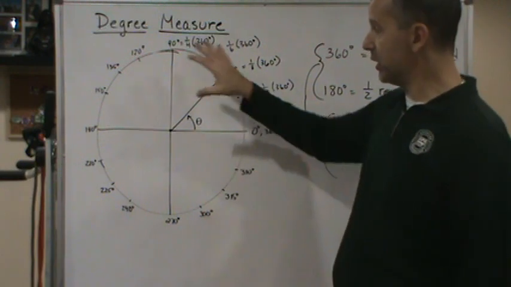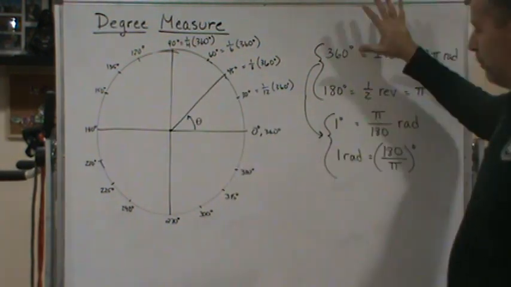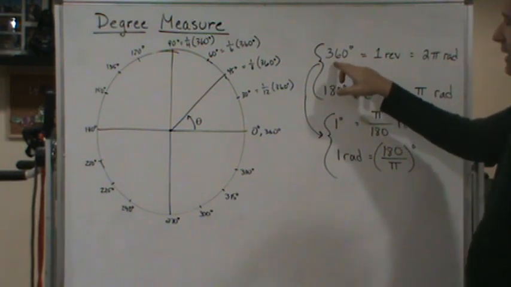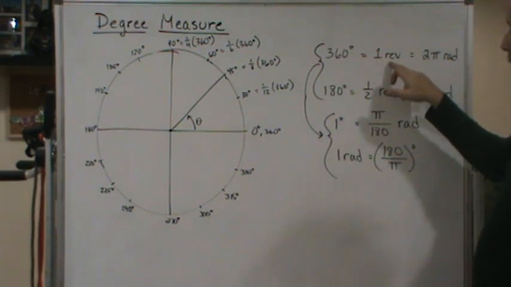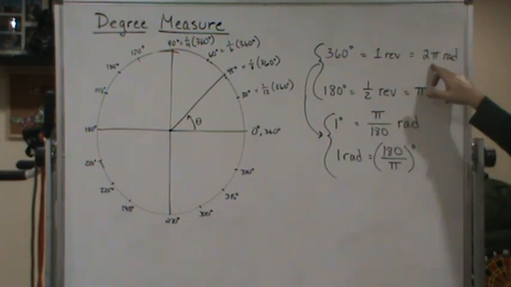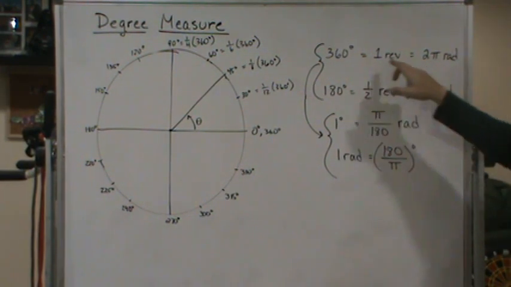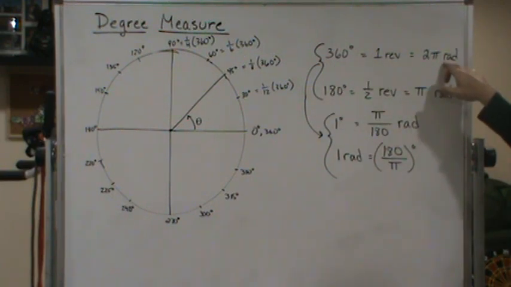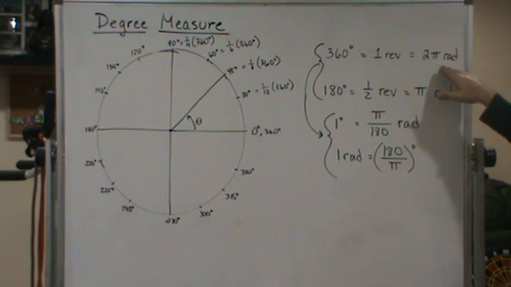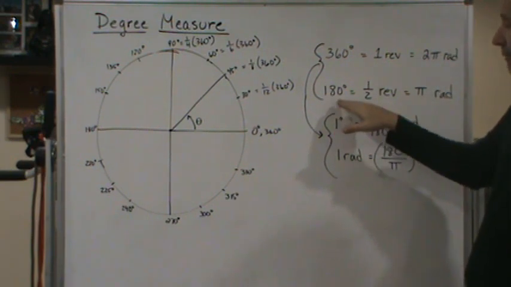Now the relationship between the degrees and radians is given by these two equations here. So 360 degrees, like I said, is equal to 1 revolution, which is the same as 2 pi radians, right? So again, just two different units of measurement. You can either talk about 360 degrees or you can talk about 2 pi radians. Also, we can look at half of a revolution, right?